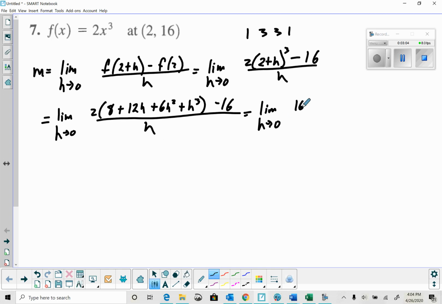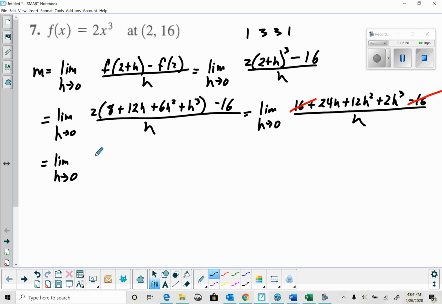So this will give me 16 plus 24h plus 12h squared plus 2h cubed minus our constant, all over h. And lo and behold, well, we're not really surprised by this anymore, are we? 24h plus 12h squared plus 2h cubed all over h.